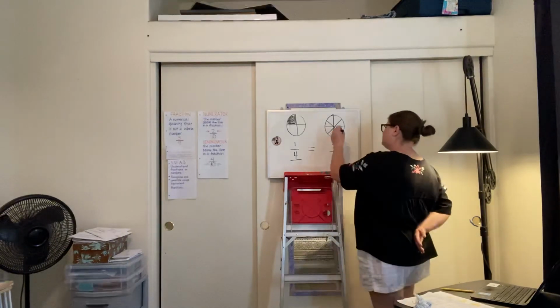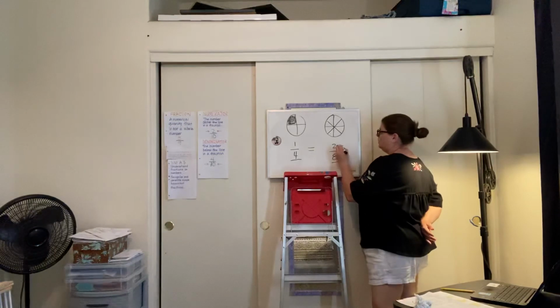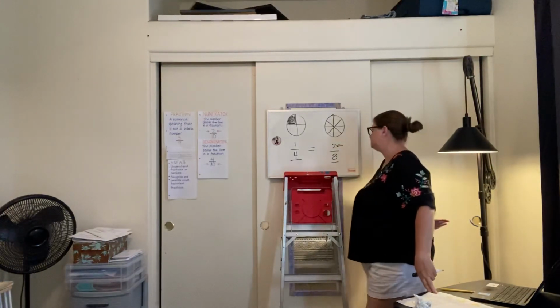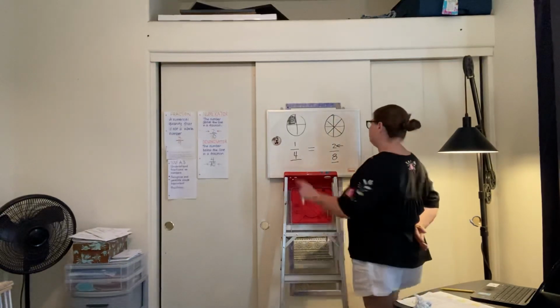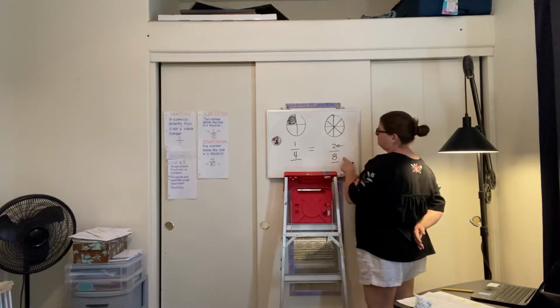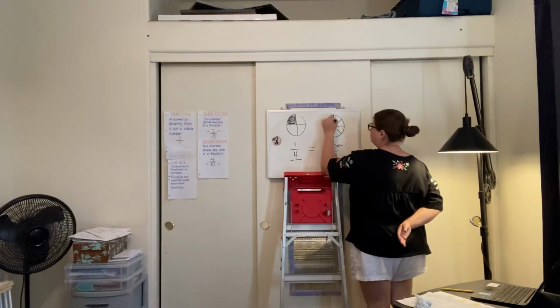Okay, so if the 8 represents the total number of parts, what is our 2 telling us? Gabriella. Right, how many we need to shade? So we're going to shade 2 out of the 8 parts. Okay, so I'm going to go ahead and shade my 2 parts.